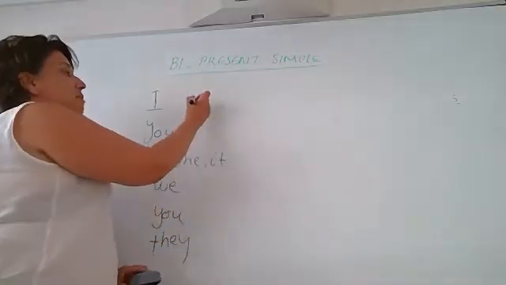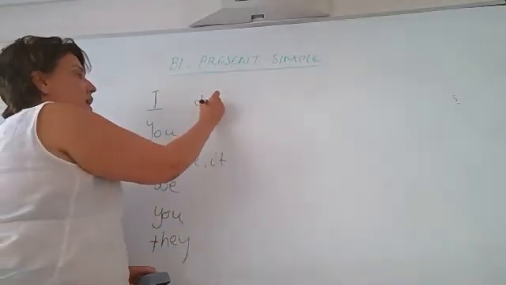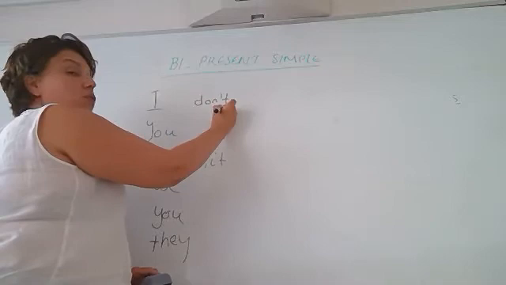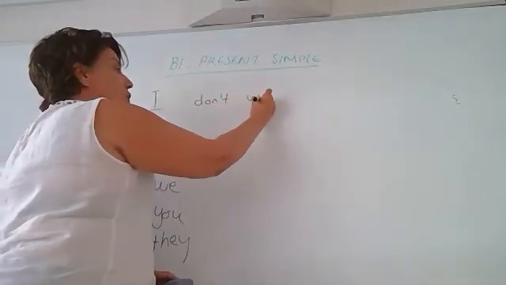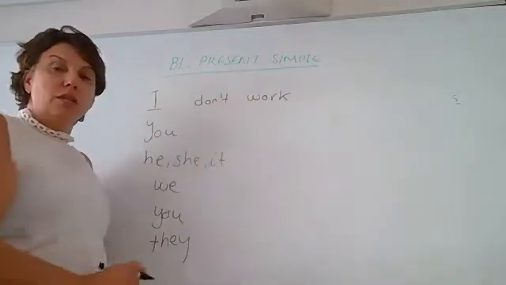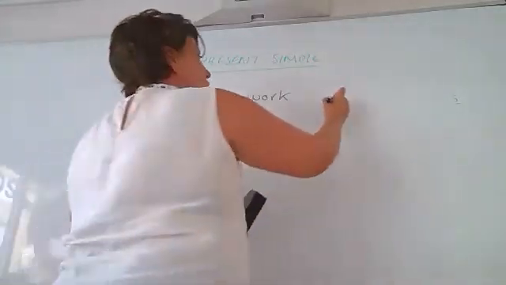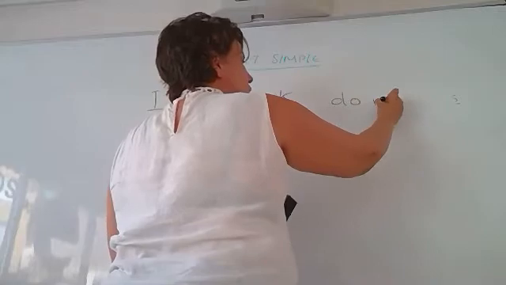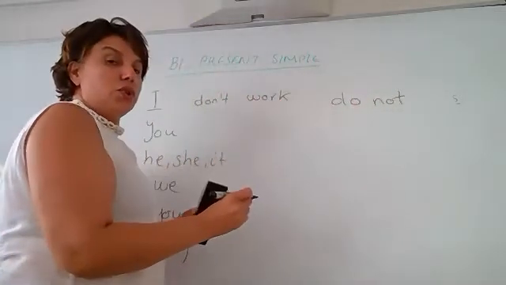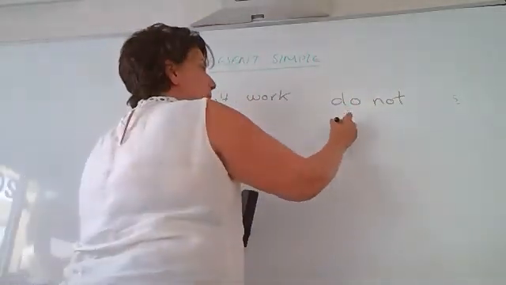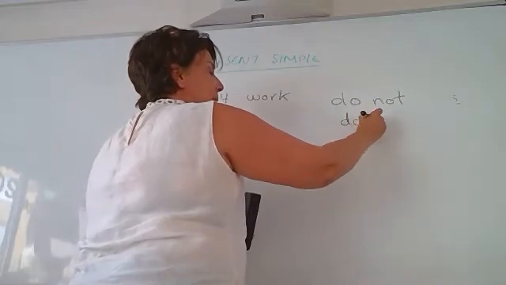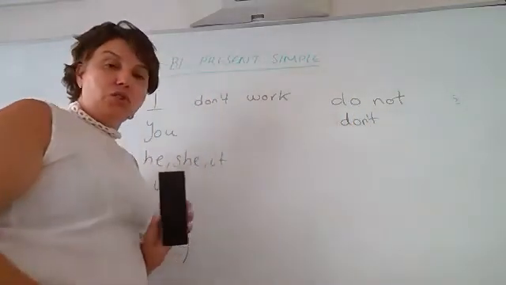So, to make the verb negative, it is I don't work. Don't is a contraction of do not. Put it together and we say don't.